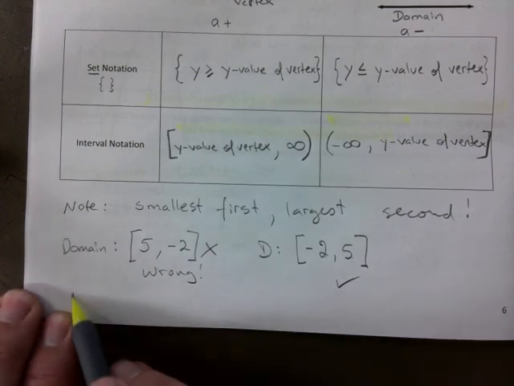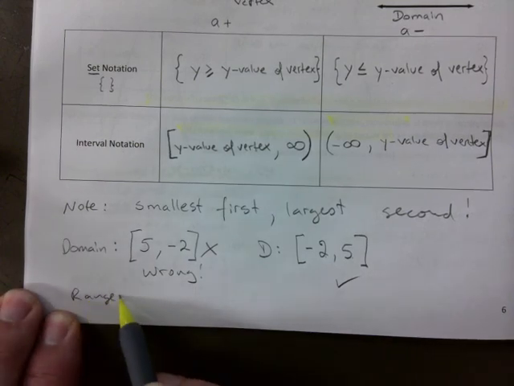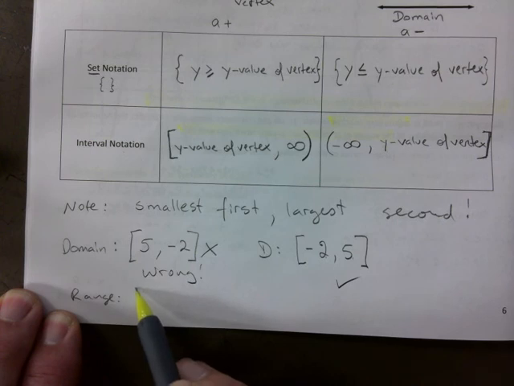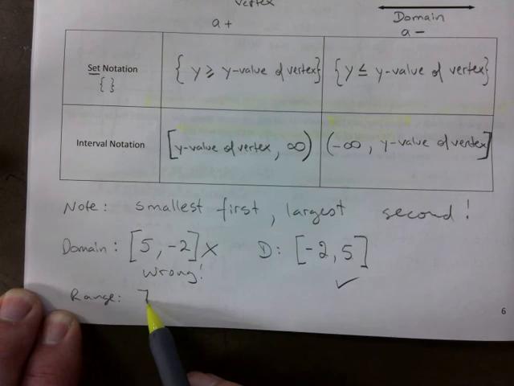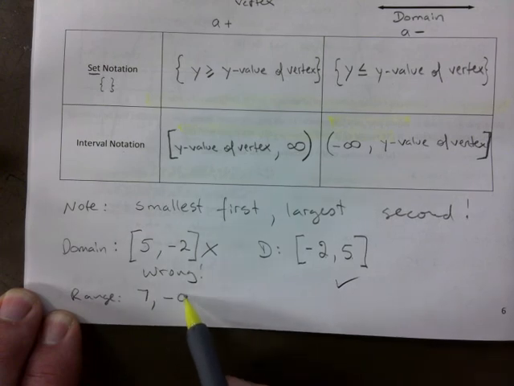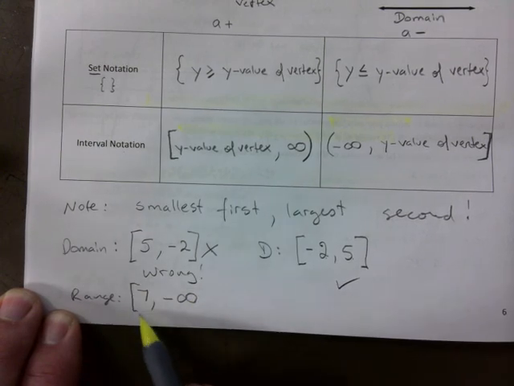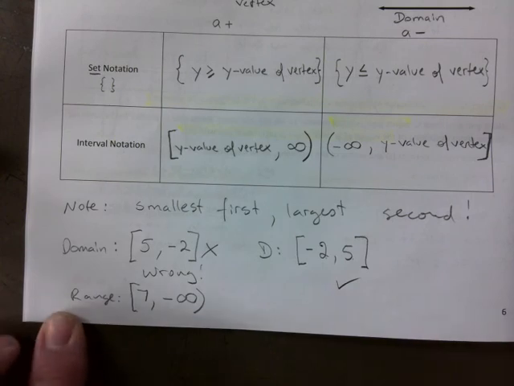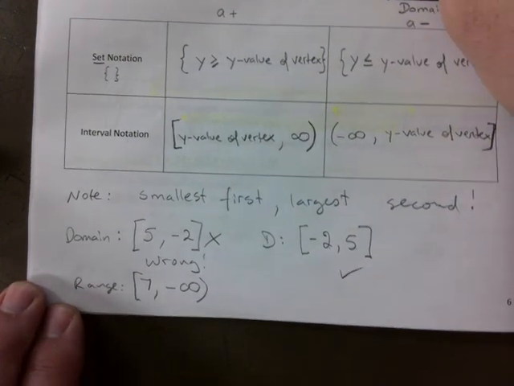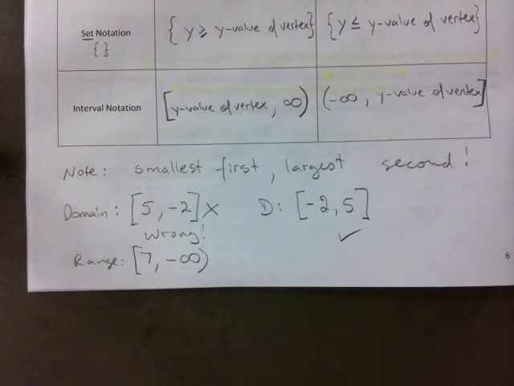So let's say somebody states the range like this: 7, negative infinity. Right? Okay, square brackets on the number, but round brackets on the infinity.